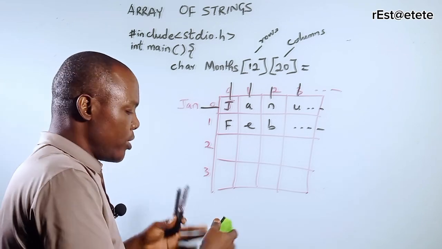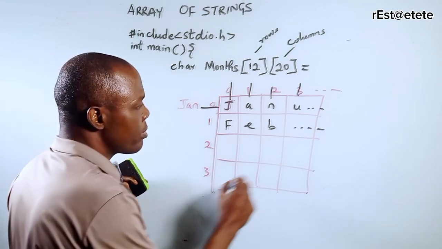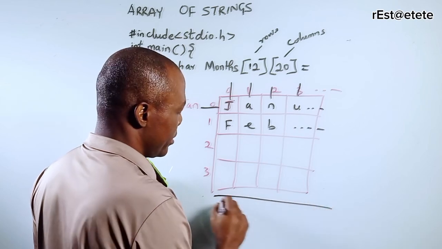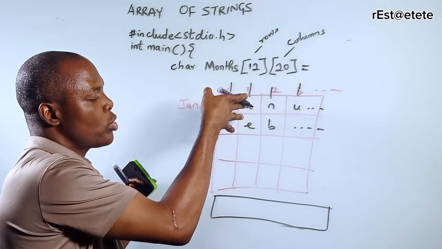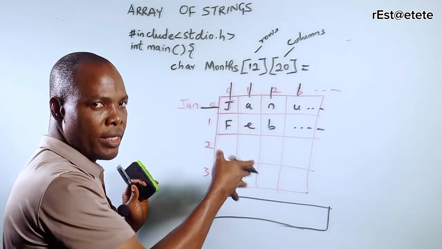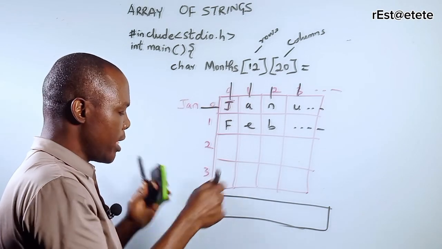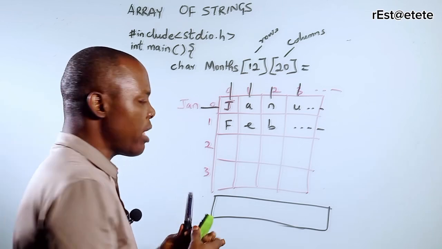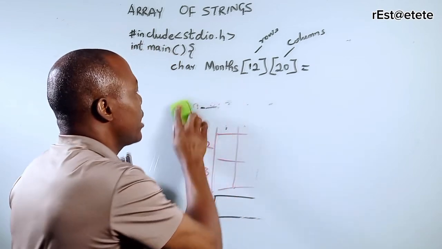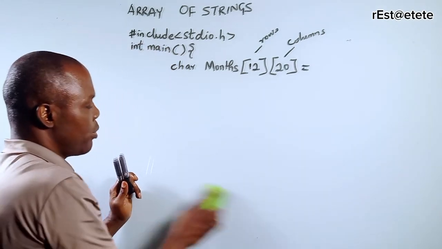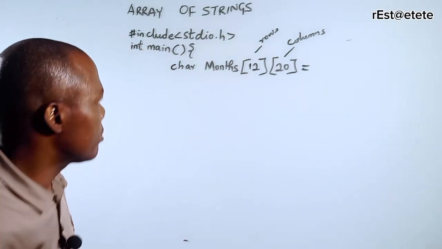So you are just going to have a straight line like this. So how are you going to store January, February, March inside this memory? There's the formula. Of course, I've taught you two-dimensional arrays, so you are going to use the formula to work it out. But let's write our program first, then I will interpret.